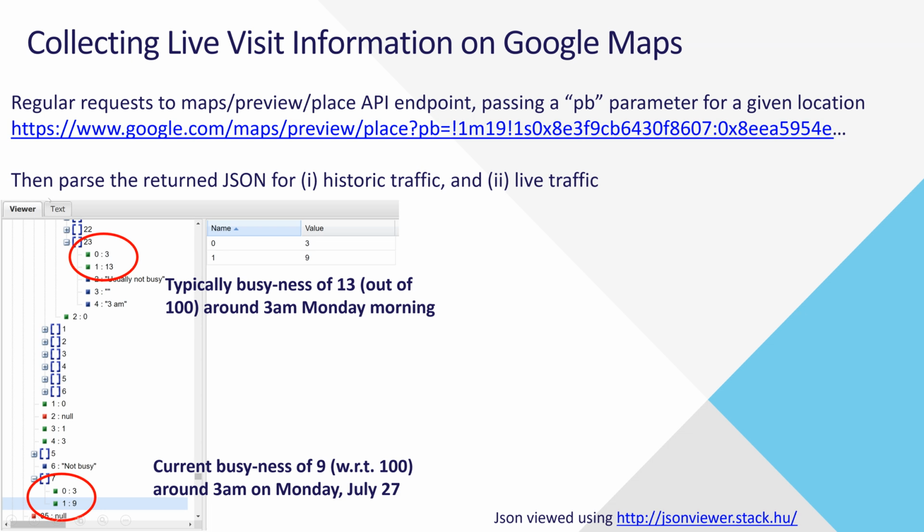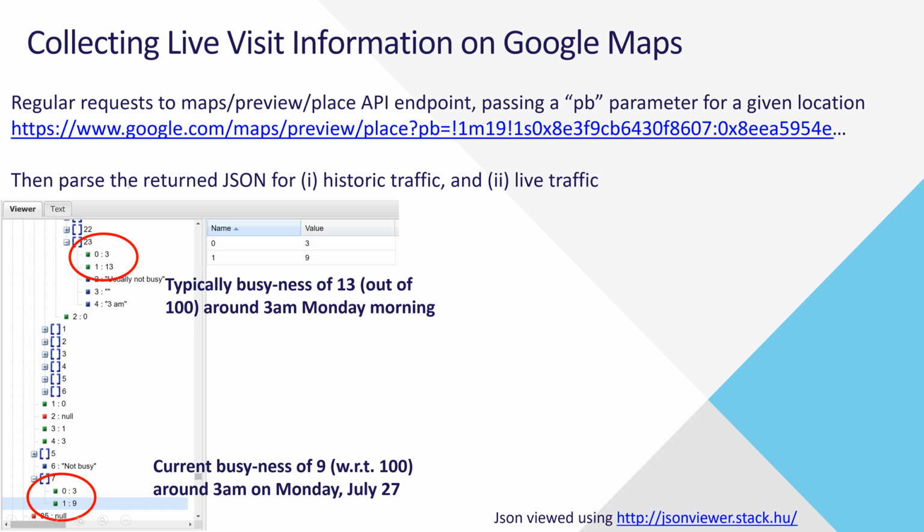And then down here you have the current actual hour, which is also hour 3, so 3 a.m., in this case on a Monday morning. But the current busyness in this particular example was a value of 9. So 9 is with respect to 100, but the live busyness could potentially exceed 100.